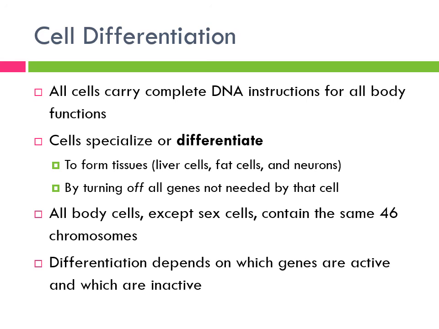So they still contain that genetic information, but they have specific genes that are turned off, and they're only utilizing the genes that a liver cell would need, or the genes that a neuron would need. All body cells, except for the sex cells, contain the same 46 chromosomes. And differentiation depends on which genes are active and which genes are inactive.